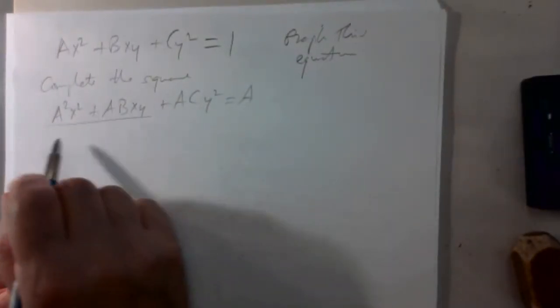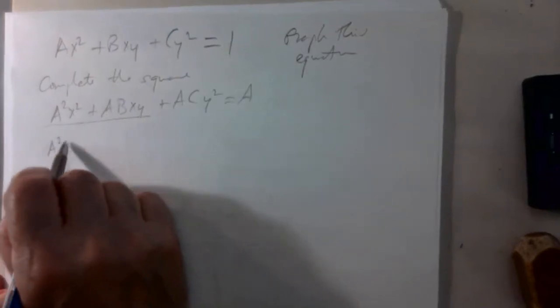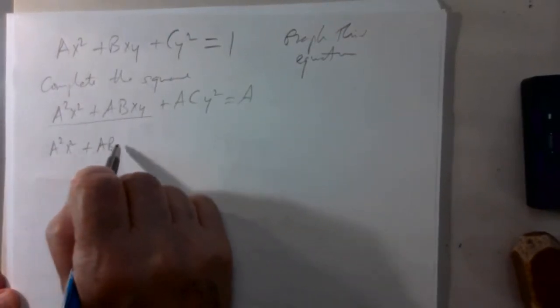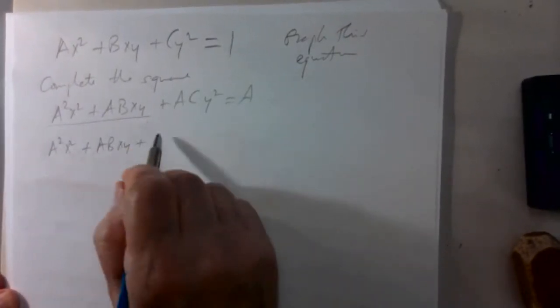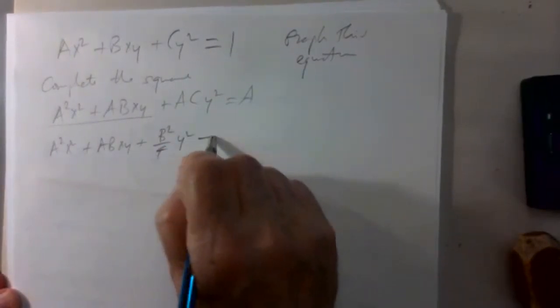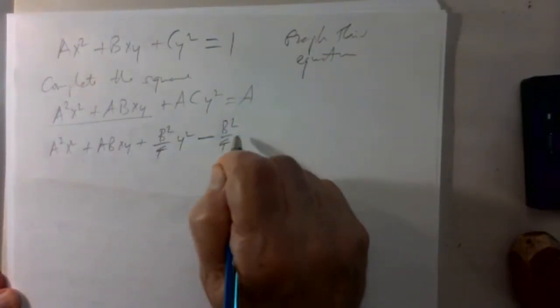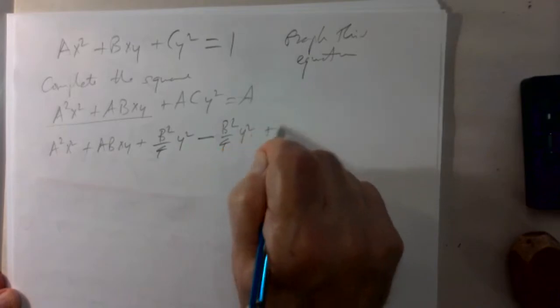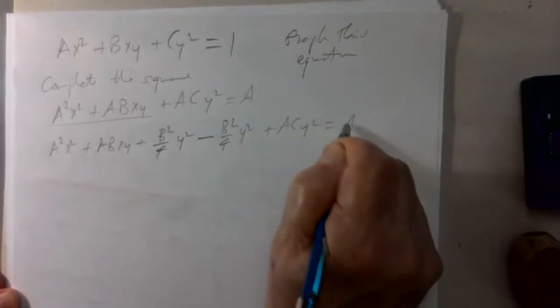And then how do I complete the square? a squared x squared plus abxy plus b squared over 4 y squared, minus b squared over 4 y squared plus acy squared equals a.